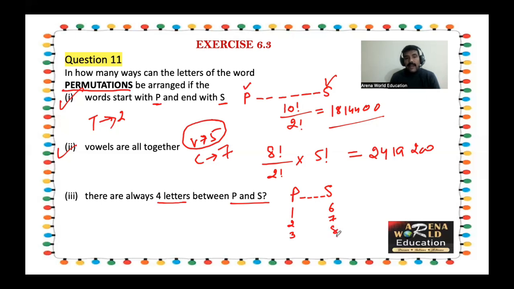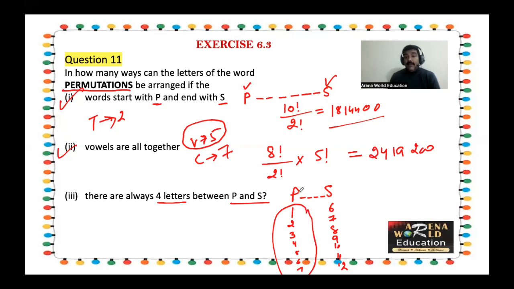Then total we are having how many letters? 12. So there will be 12 positions. Similarly, here we will have 1, 2, 3, 4, 5, 6, 7. So total, how many possibilities are there to arrange P and S so that there will be only 4 letters? So we are having 7 possibilities.